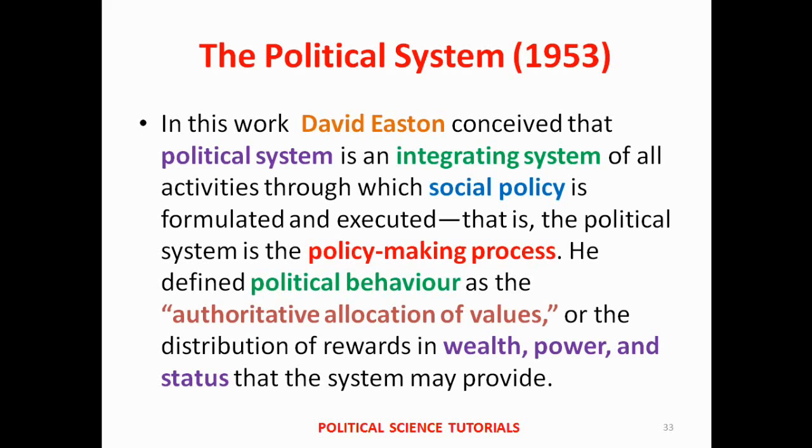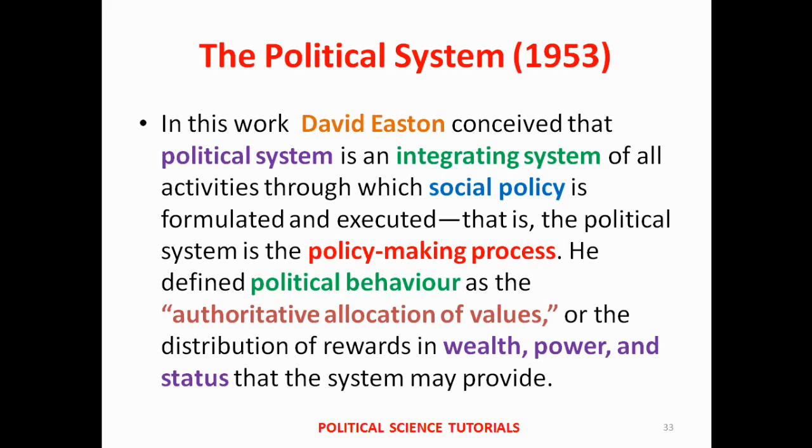Political system is an integrating system of all activities. Which activities? The activities through which social policy is formulated and executed. So, political system is an integrated system of all activities through which social policy is formulated and executed. His most important concept in this regard is the concept of political behavior.